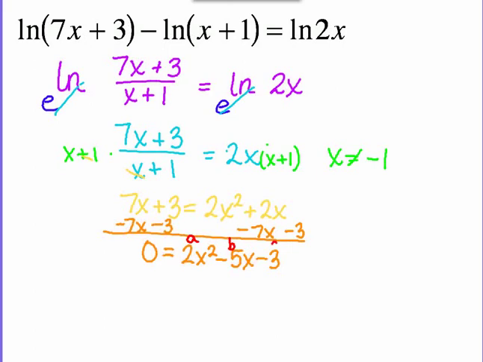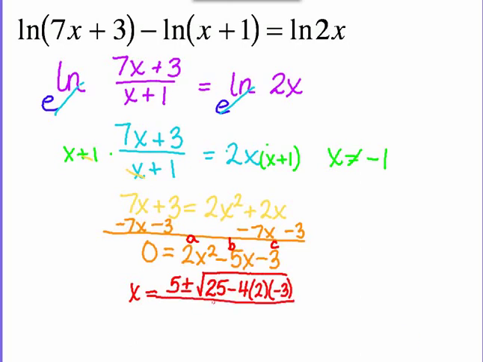So quadratic formula. Okay, x equals -b. So 5 plus or minus the square root. What's b squared? 25 minus 4 times a times c all over 2a.